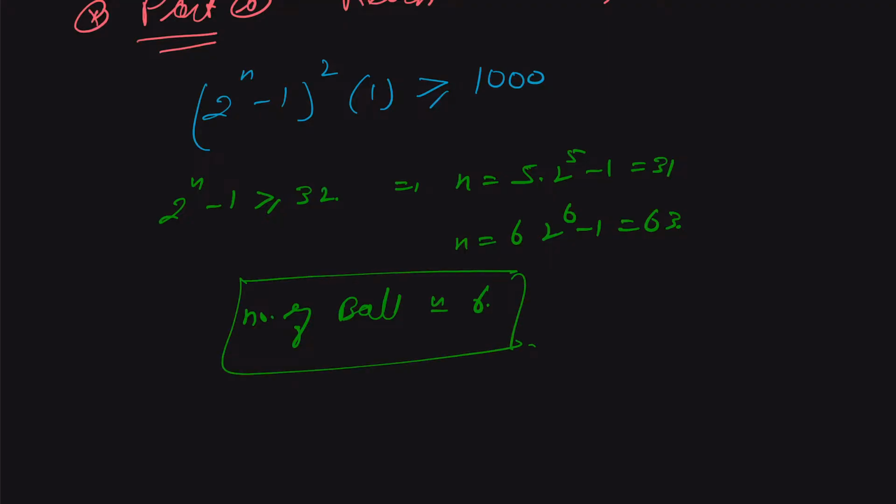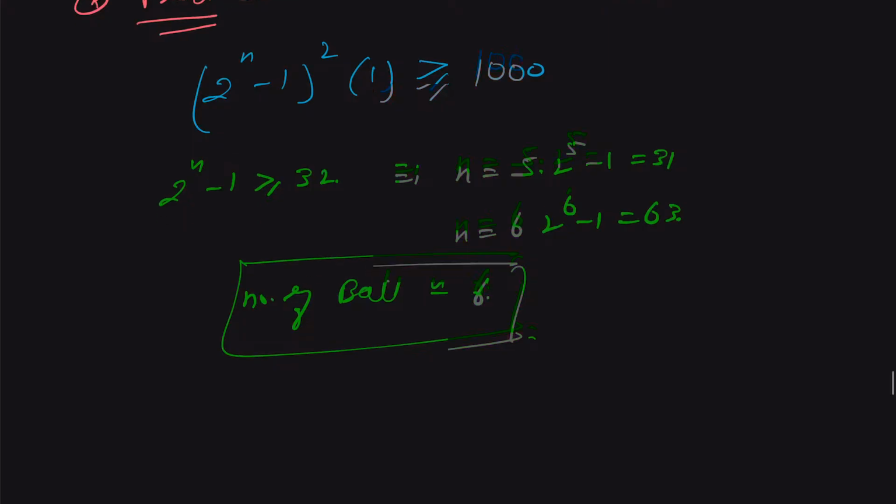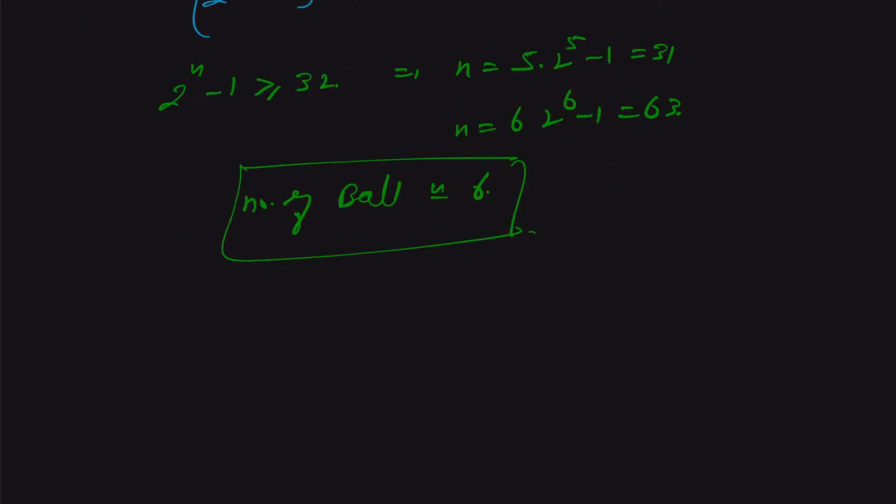Okay. And part B, here it was asked about the escape velocity, so they included the part of the gravitation here, and that is quite simple.